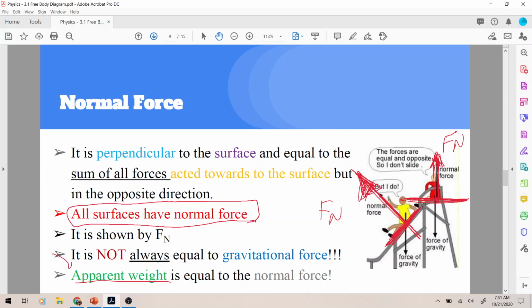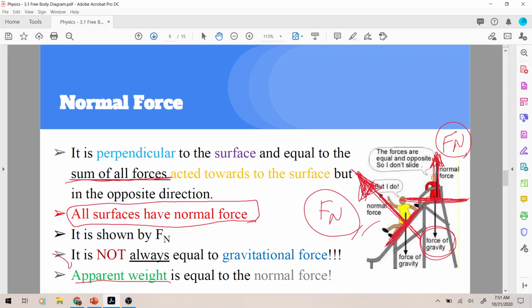So what will be the amount of normal force? Normal force is basically the sum of all forces acting towards the surface. For this case, gravity is the only force acting on the surface, so normal force is equal to gravitational force.